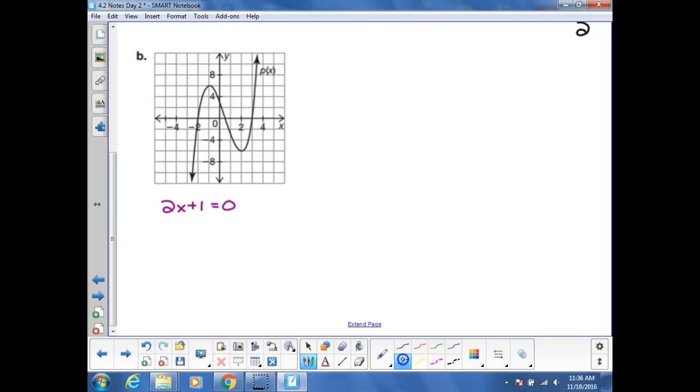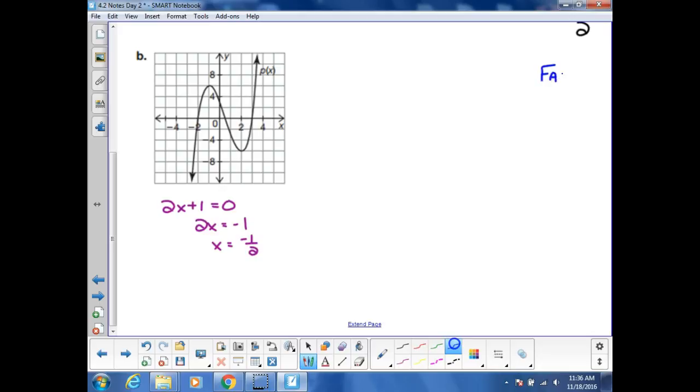Right? Because don't you subtract 1 first? And then x is negative 1/2? Which is a huge difference than 1/2. Okay?